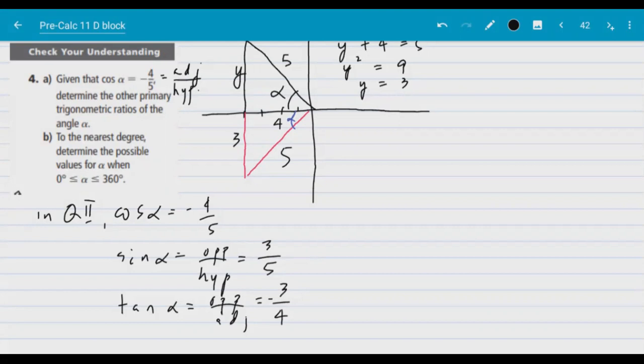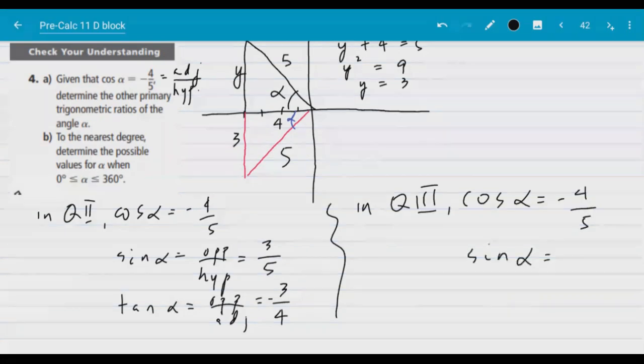Okay? Therefore, in quadrant 3, the cosine of alpha would be what? Negative 4 fifths, which is already given. And the sine of alpha would also be 3 over 5, except that we ask ourselves, what is the sign?